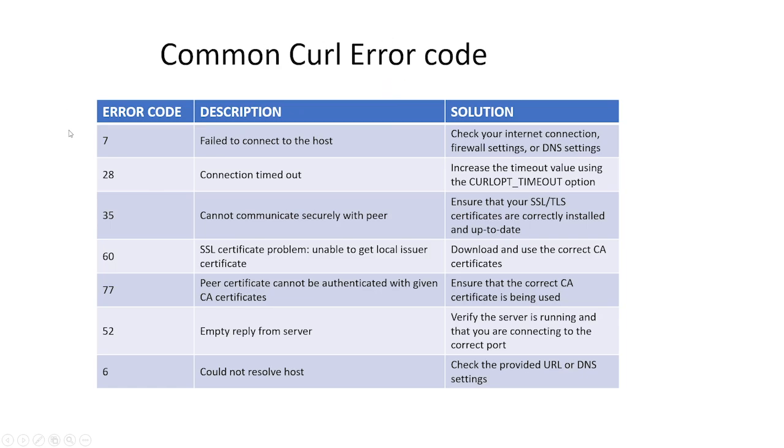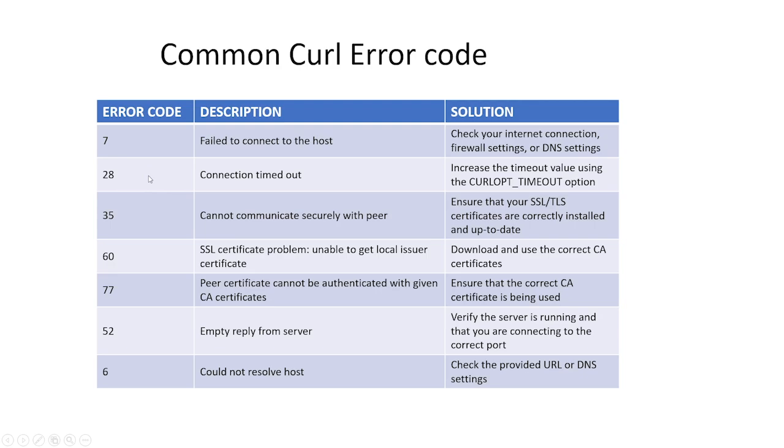I have some error codes with me, so we will discuss those. Don't worry about how they are written, they are in random order. We will discuss all of them one by one.